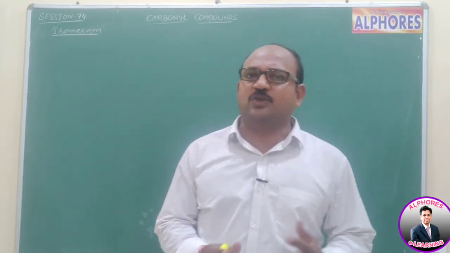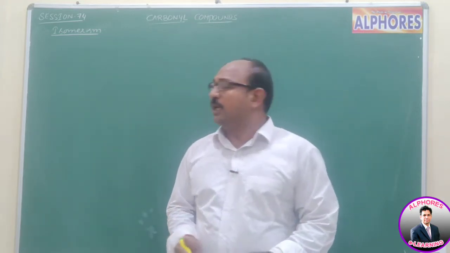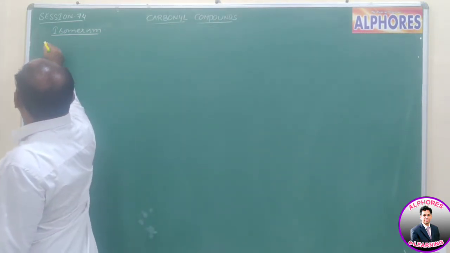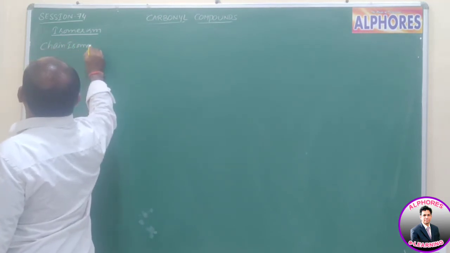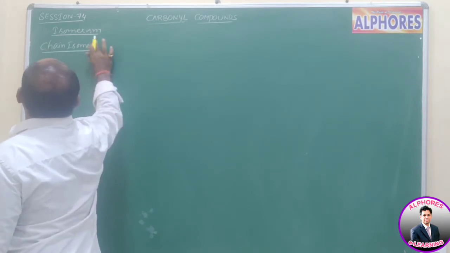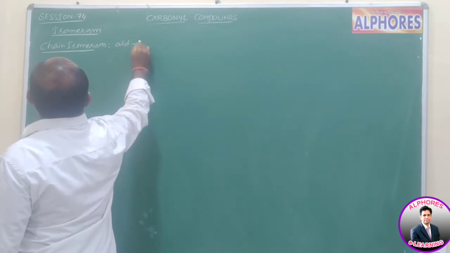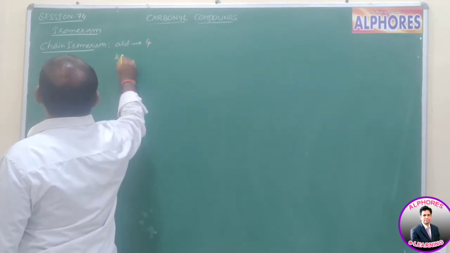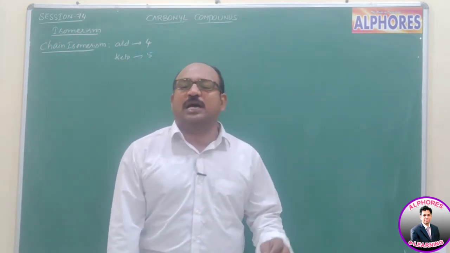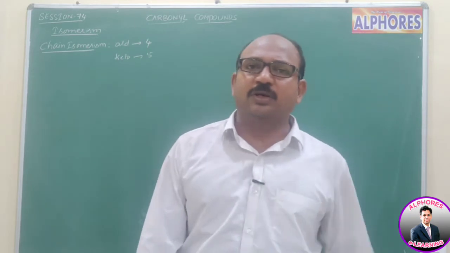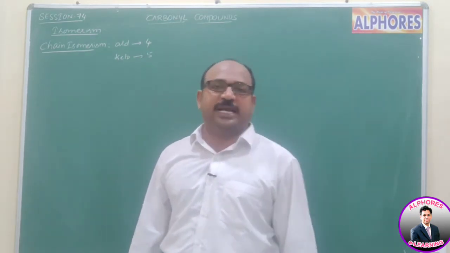Let us focus on chain isomerism, position isomerism, functional isomerism, metamerism and tautomerism. In chain isomerism, in order to exhibit chain isomerism, aldehydes must contain at least 4 carbon atoms and ketones must contain at least 5 carbons. That means a 4 carbon aldehyde can exhibit chain isomerism, and a 5 carbon ketone can exhibit chain isomerism.